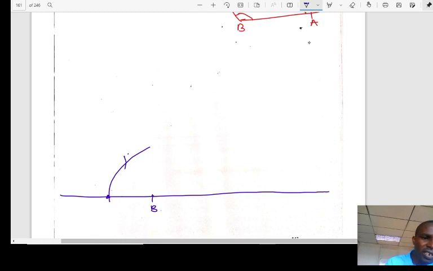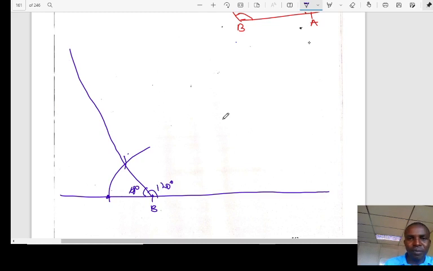Then you find your ruler, you draw a straight line. So this angle will be 60 degrees and this angle is 120 degrees. Done. So that's the first part. The arcs will be marked, please take note.